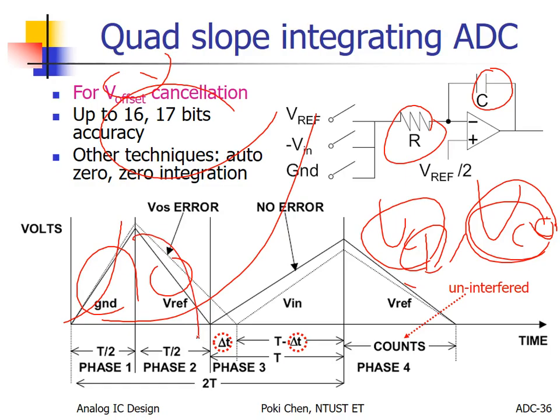So to achieve 16 or even 17 bits in accuracy, the resistor and capacitor need to be highly linear. What does it mean? You had better make VC2 to be 0 or very, very close to 0. So on chip, you need to select carefully. You have many kinds of resistor, but maybe only one kind of capacitor.